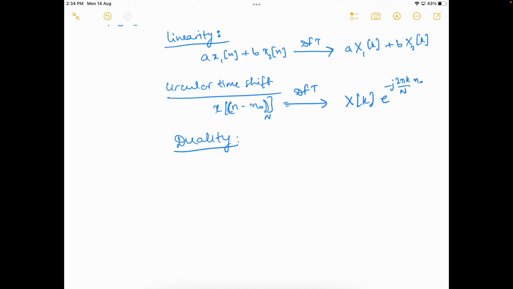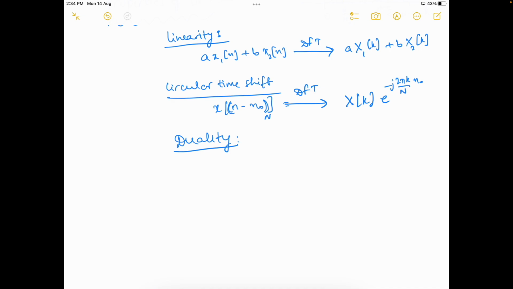I gave you a black box code to find DFT. Can you use this code to find inverse DFT? That's the question, right? If I give you the X[k] and I give you a black box program to compute DFT, can you give me x[n]? That's the question.